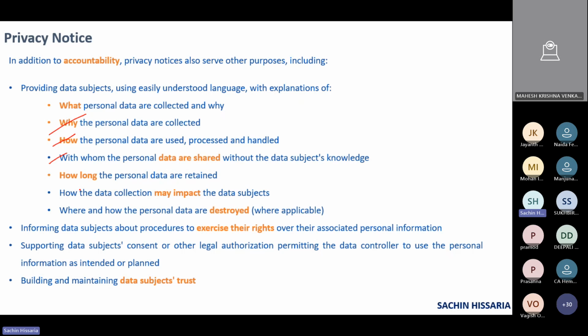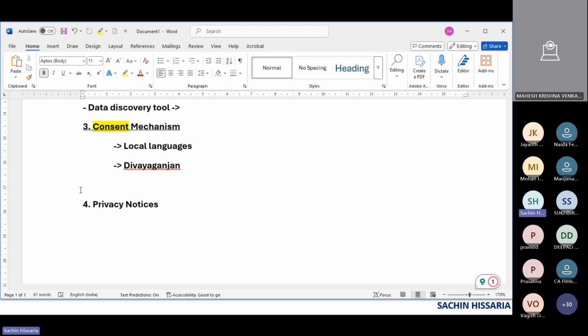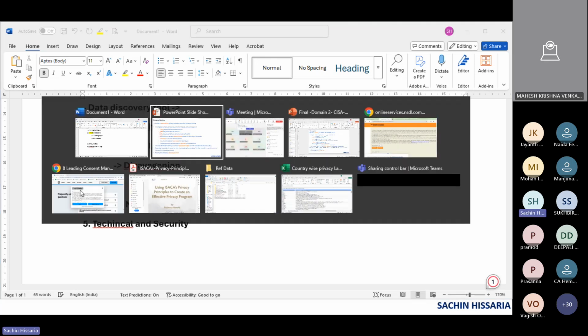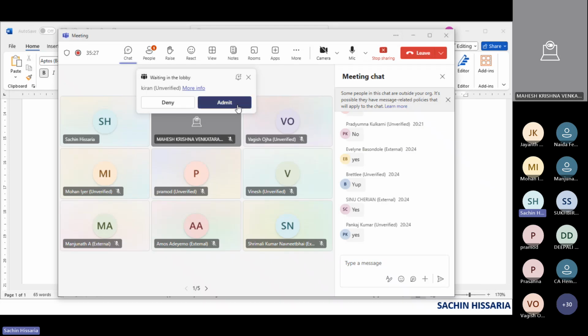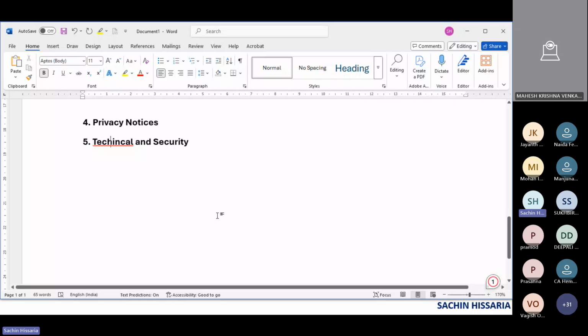Now, next step after this, companies are ensuring that they have implemented appropriate technical and security measures to protect the data. If I talk about the main important control in data privacy, encryption plays a very important role.